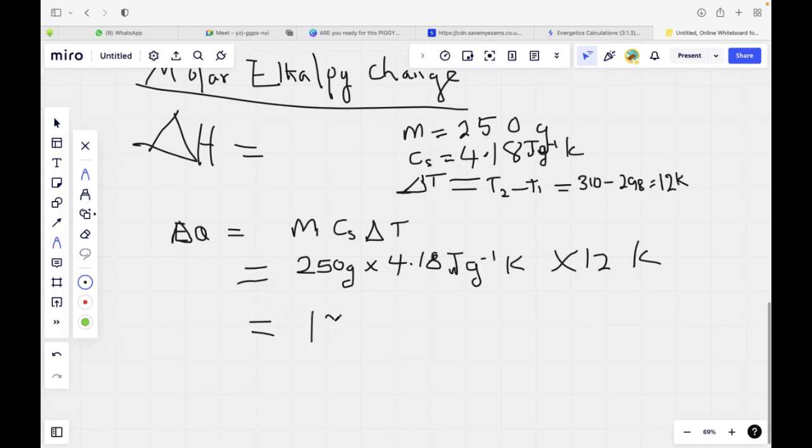We get 12,540 joules. Remember, this is the energy, in joules. So now we get the heat energy change.